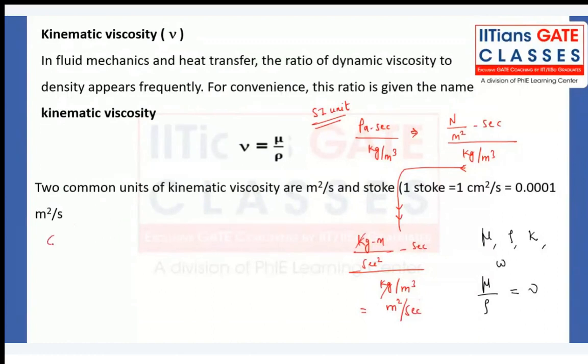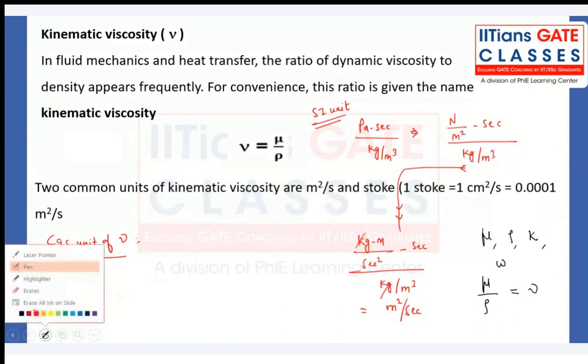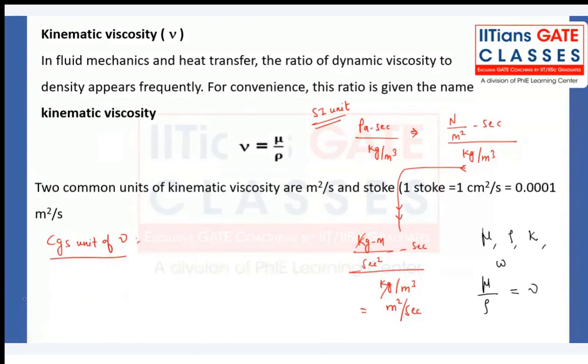And if I ask you the CGS unit of kinematic viscosity nu, what will you write? The CGS unit will be centimeter square per second. And 1 centimeter square per second will be 10 to the power minus 4 meters square per second.